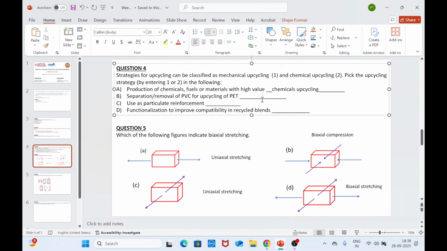This is mechanical upcycling. Here you are trying to sort using some mechanical means. It's just a sorting process where you remove PVC from PET, so it is basically mechanical. Use as particulate reinforcement is also mechanical, so this will also be mechanical upcycling.